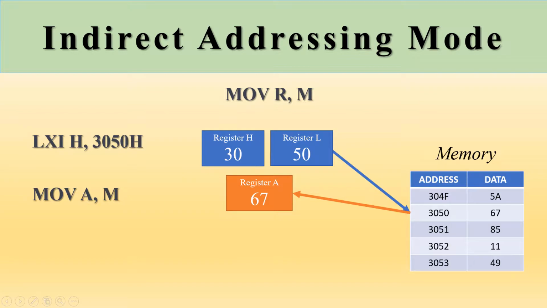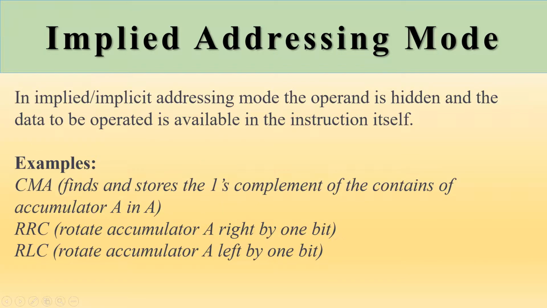Next we go to the last addressing mode of 8085, and that is called the implied addressing mode. In the implied or implicit addressing mode, the operand is hidden and the data to be operated is available in the instruction itself. You don't specify the operand explicitly in the instruction.